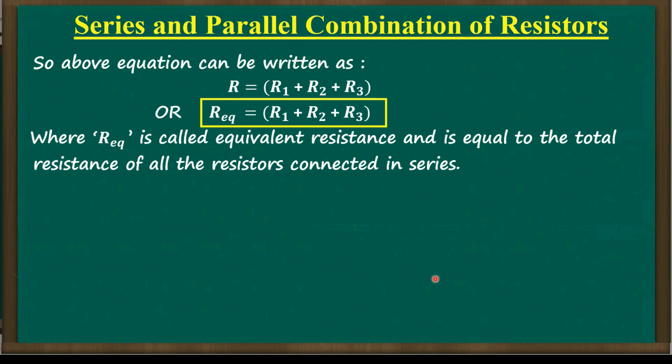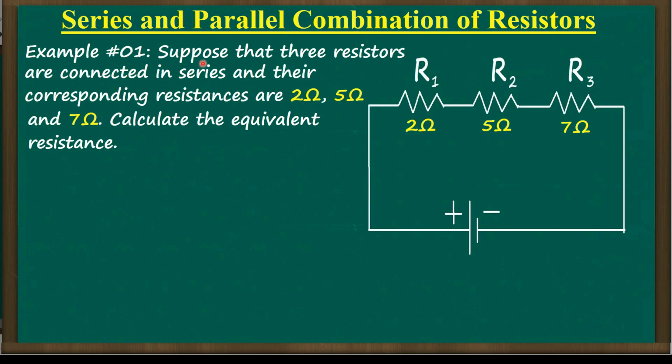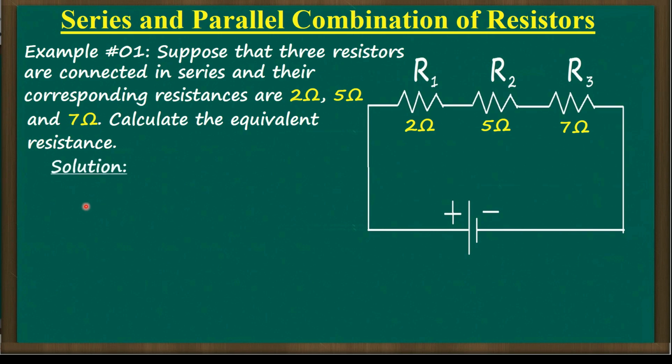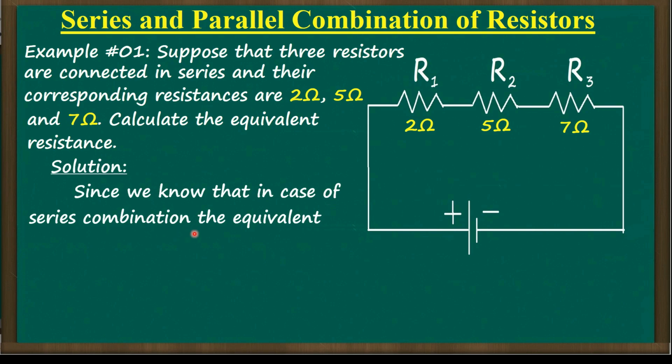Now let us solve a numerical problem by using this equation. Suppose that three resistors are connected in series and their corresponding resistances are 2 ohm, 5 ohm and 7 ohm. Calculate the equivalent resistance. Solution. Since we know that in case of series combination, the equivalent resistance is equal to R1 plus R2 plus R3.